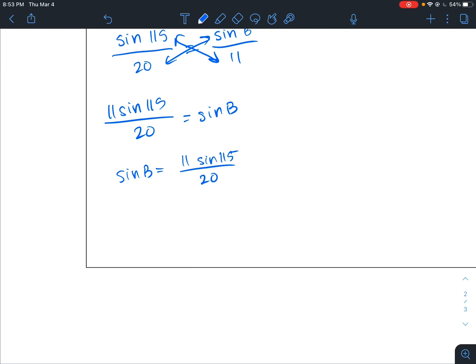What I'm going to do is take the arc sine of both sides. As I do that, this will cancel, so I'm left with B is equal to arc sine of 11 sine of 115 divided by 20.